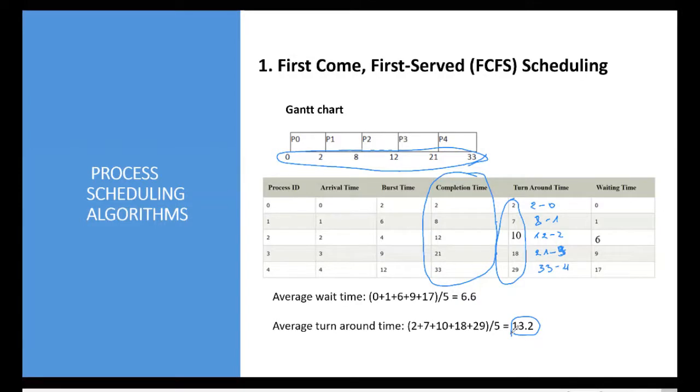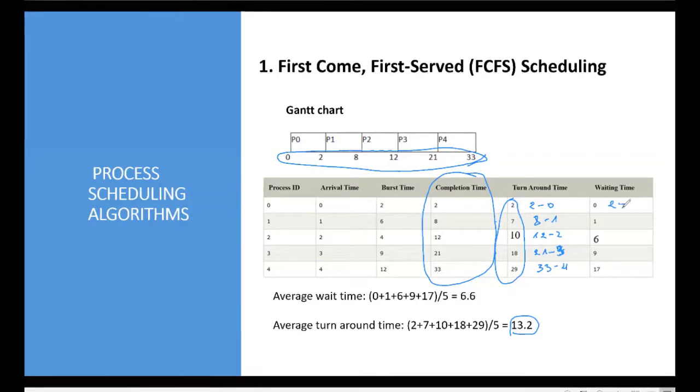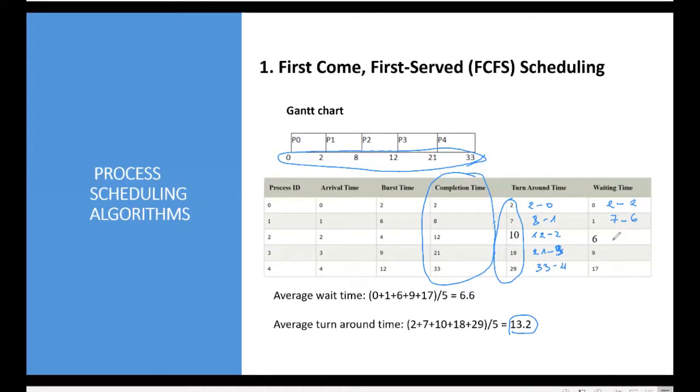Then after having our turnaround time, we can calculate wait time. Remember, the wait time is the turnaround time minus burst time. So this will be 2, and P0 requires 2 milliseconds. Then we have 0. Then here we have 7, then we subtract 6. Here we have 10, then we subtract 4.